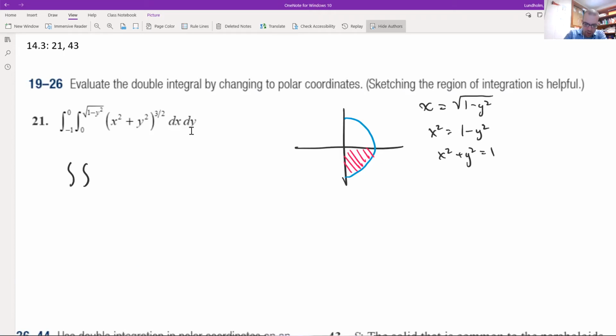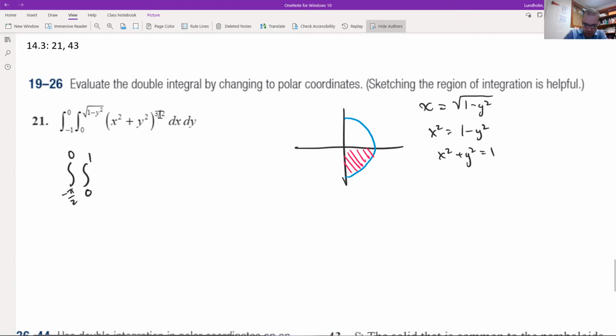So our radius would go from 0 to 1, and you could phrase this a number of ways, but maybe -pi/2 to 0 for our angles. And then if we're just finding the area, oh no, we're not finding the area. We're finding the value of this function.